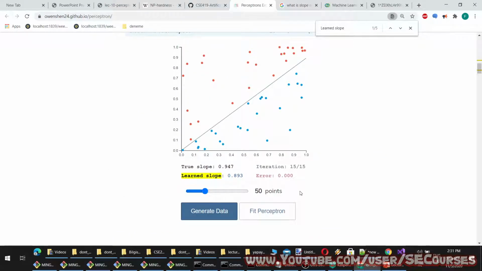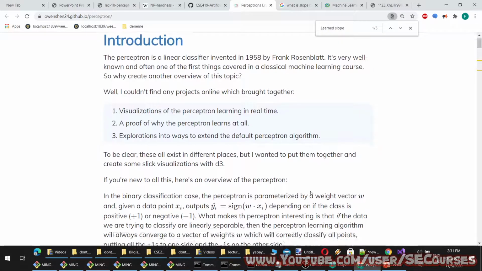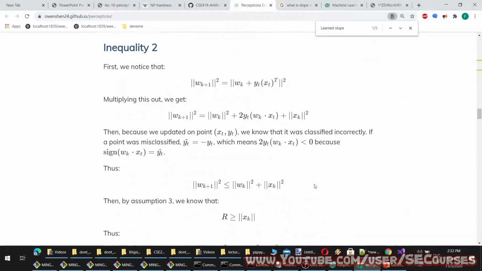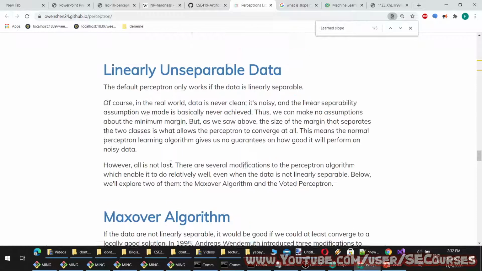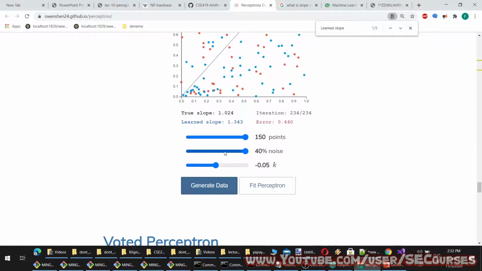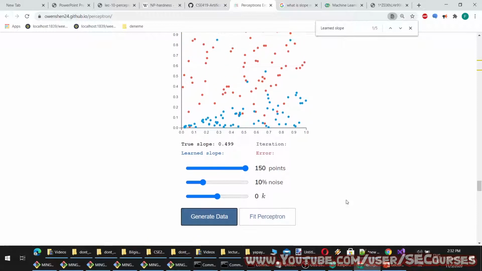Okay, so this is a regular perceptron. However, there is no noise. Okay, there is no noise here as well. Okay, there is some noise here, and I'm going to set the k value as 0.10, and I wonder what will be the error rate.